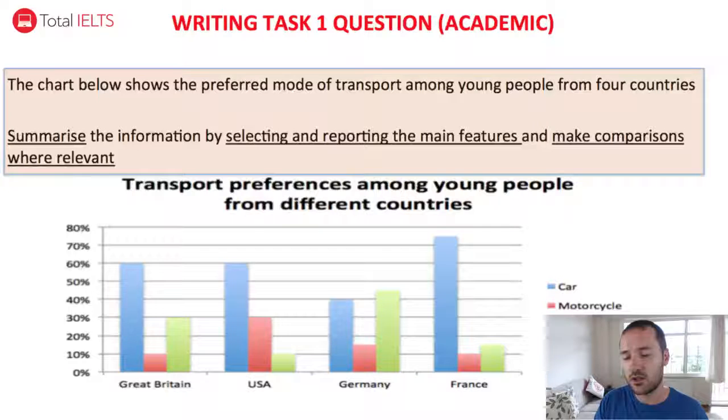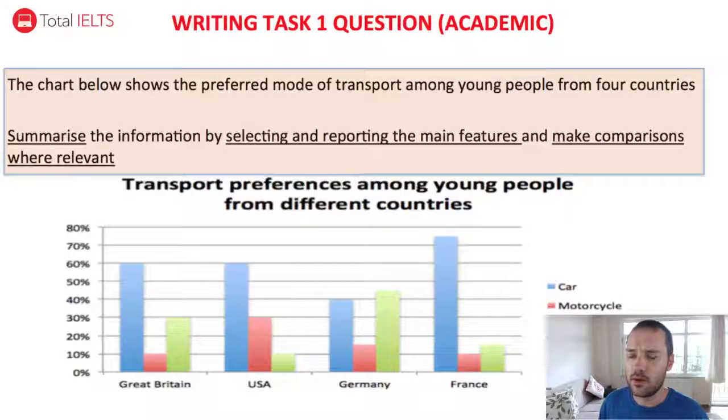Summarize the information by selecting and reporting the main features. So they're even telling you that they only want the most significant details on that bar chart. Okay? And make comparisons where relevant.